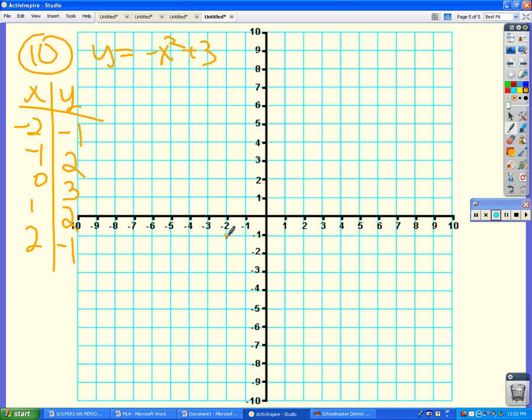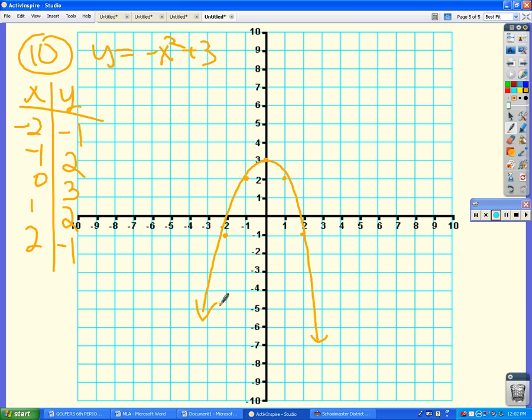So -2, -1 is right there. -1, 2 is there. 0, 3. And then it's symmetrical. So once again, it's a nice smooth U-shaped curve. Okay, yep, missed it by a little bit, but 2 units, close enough.